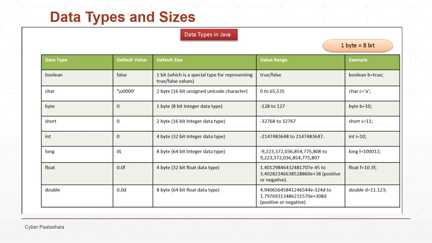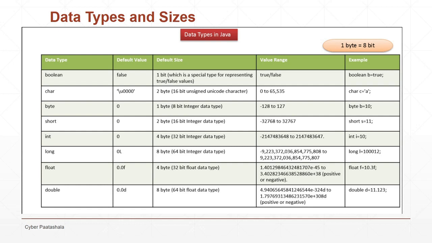Int. We usually use the int data type to declare bigger integers which do not fall under the short data type, and the default value for the int type is 0 and the default size for the int data type is 4 bytes, and the value range is minus 2147483648 to 2147483647. The example for declaring is int i equals 10.